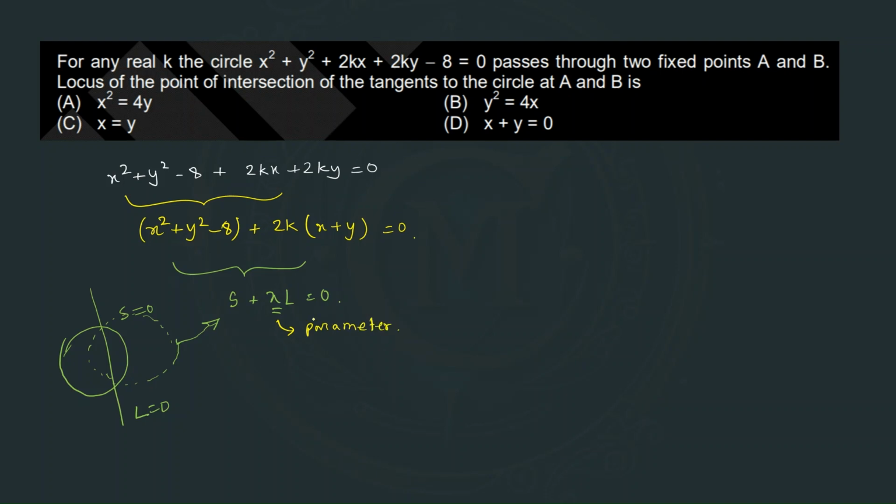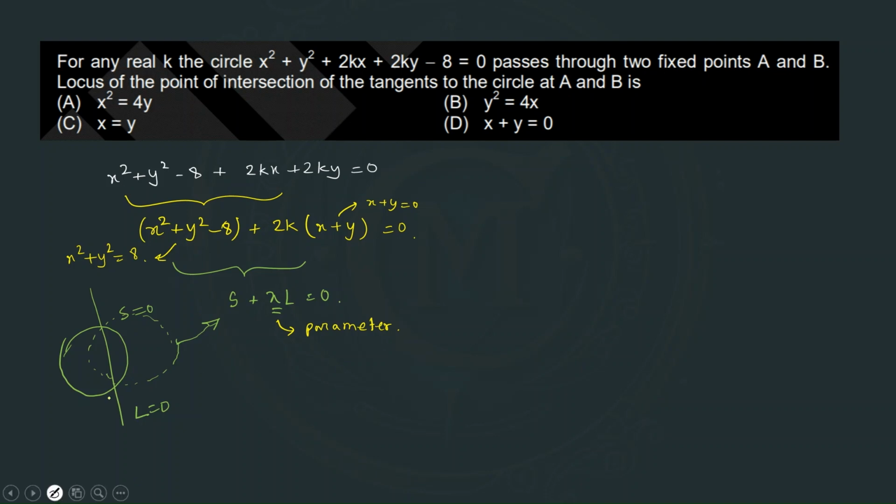Now how to use this concept in this expression? We can see k is a parameter because k belongs to R. So we can say that 2k is some real parameter, which is, let's say, lambda, and it is the line L equal to 0, so x plus y equal to 0, and this is the circle x square plus y square equal to 8.